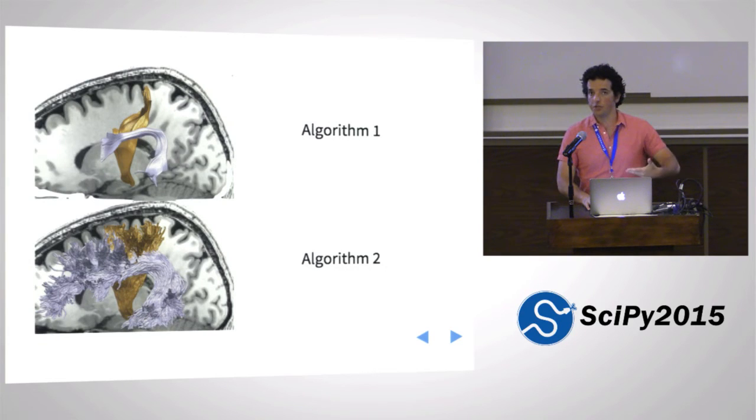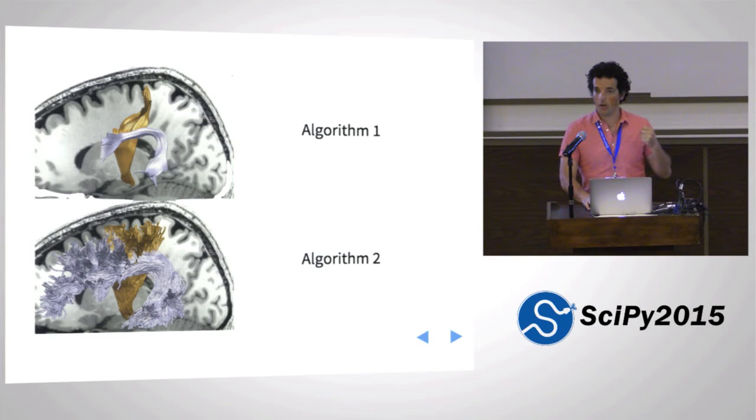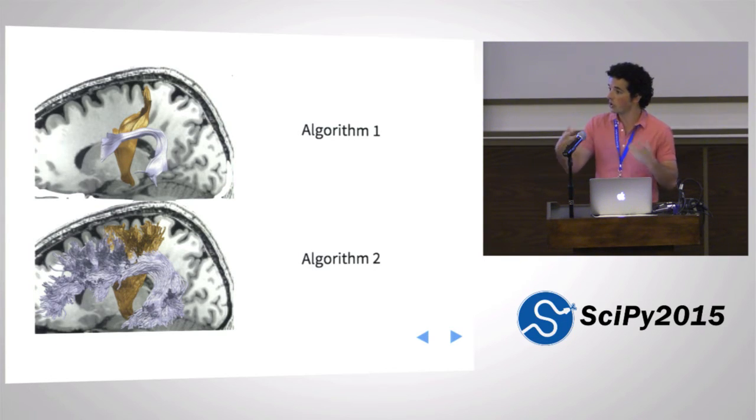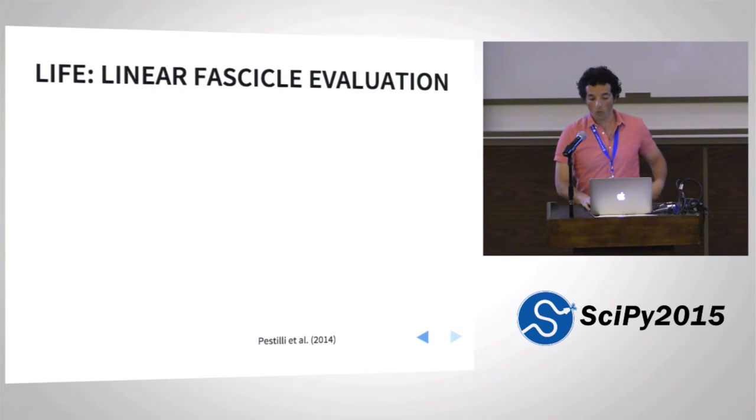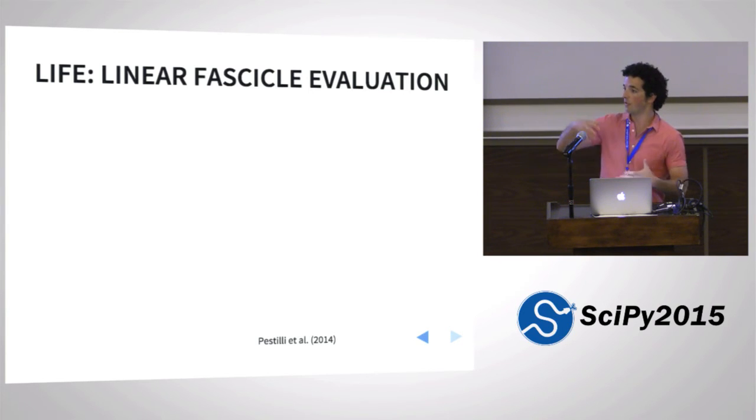Now, this idea, this notion of in vivo validation, of checking the predictions of models against the data, applies also to the larger scale measurement, the larger scale models. So these tracks are also, in a sense, models of the signal. And while I was a postdoc at Stanford, Franco Pestilli, myself, and others in Brian Wandell's lab, we developed a method called LIFE, or linear fascicle evaluation, that allows you to do cross-validation at the level of the entire fascicle.